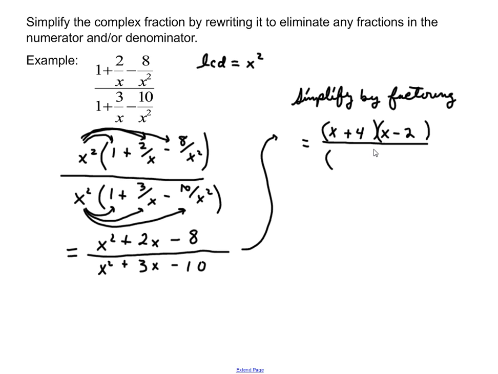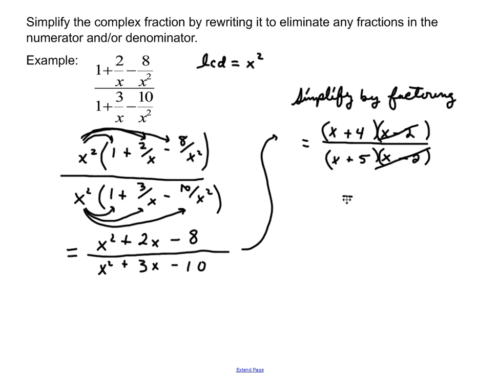And the denominator factors as, it looks like, x times x for our first terms. Factors of negative 10 whose sum is positive 3 would be positive 5 and negative 2. And lo and behold, we do have a common factor that can be reduced out.